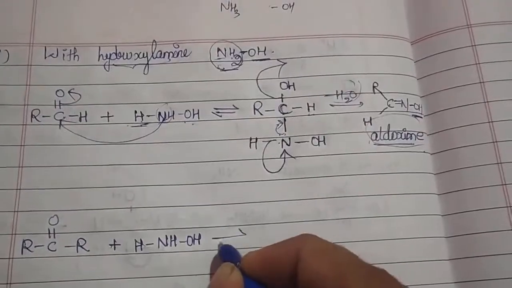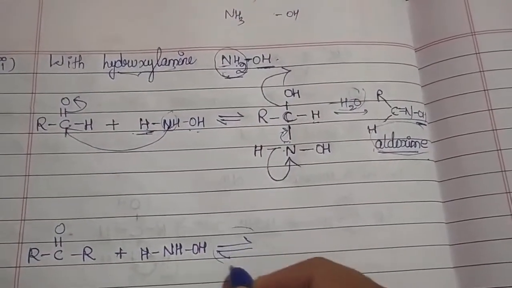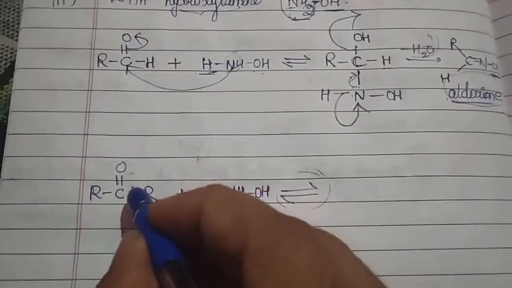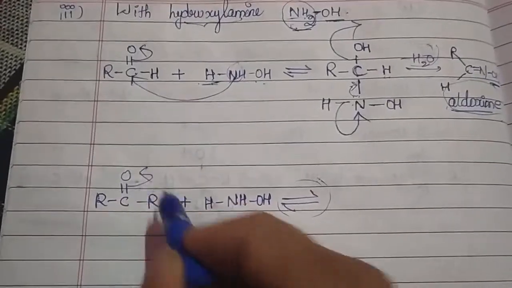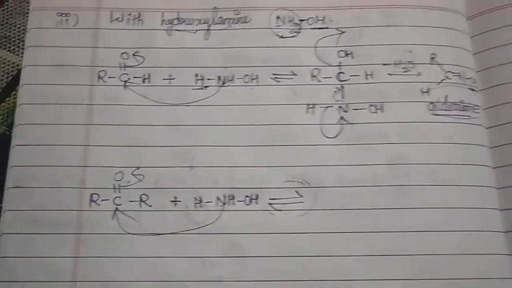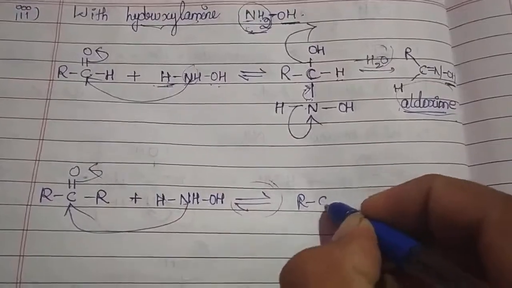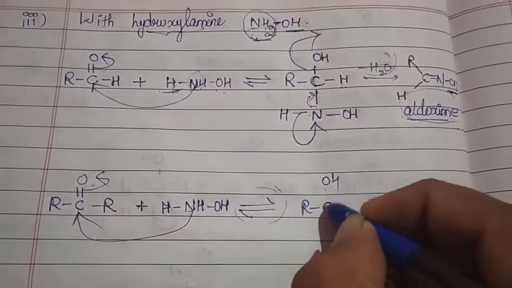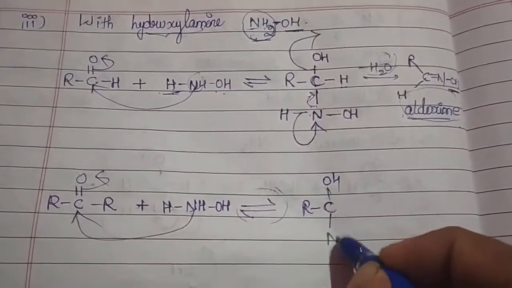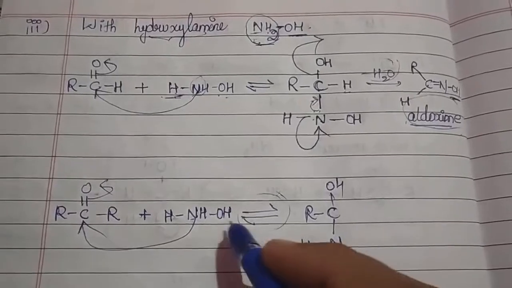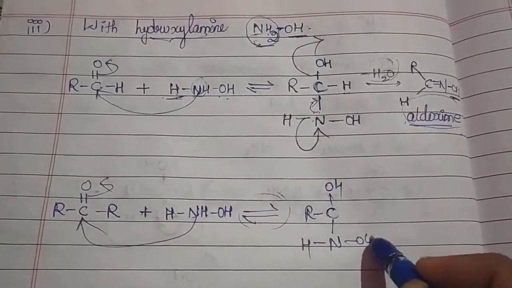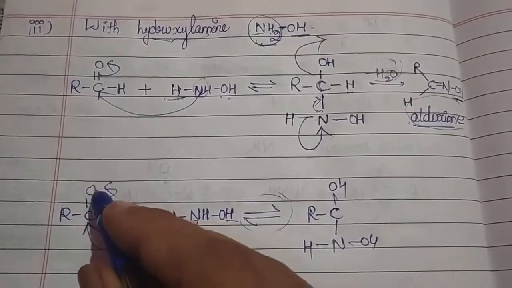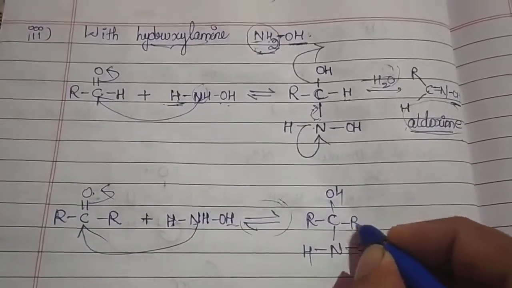First the reaction will be in equilibrium; please mark my words. As usual, this will be pulled by oxygen, and nitrogen is going to attack this carbon. So you will get R, C, OH, with N having one H and one OH, because this H has gone over here, and one more R.